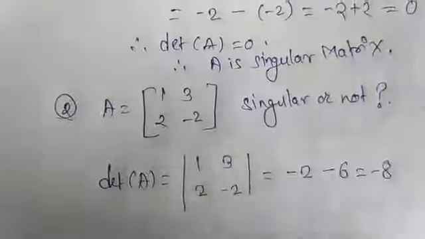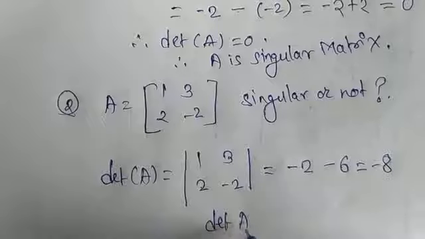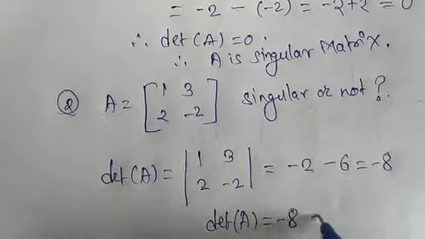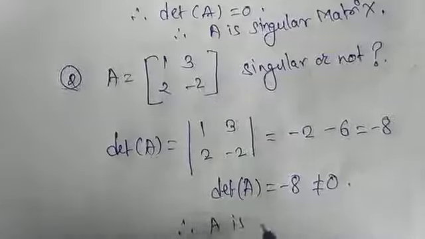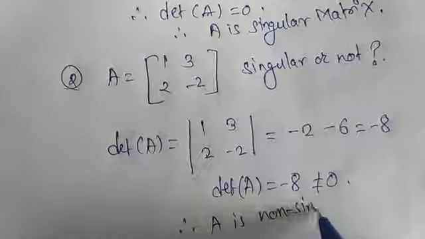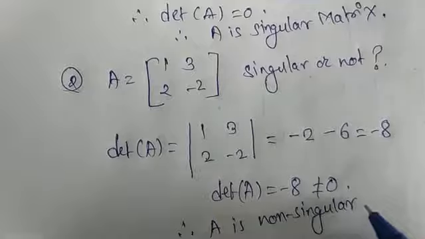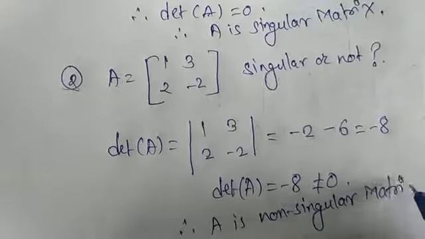So here determinant of A is -8, which is not equal to 0. Therefore, A is a non-singular matrix.